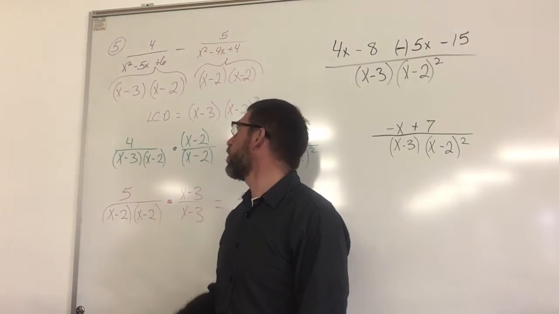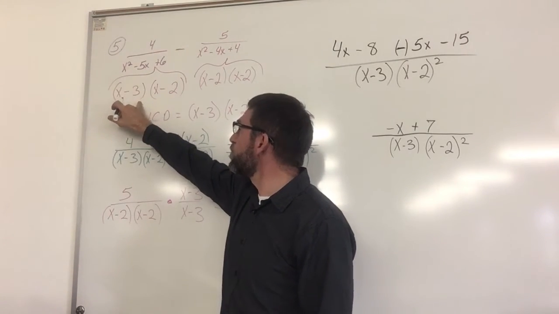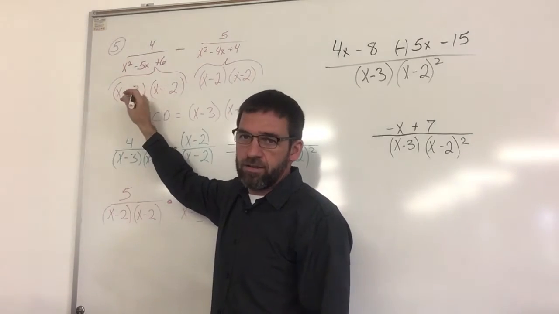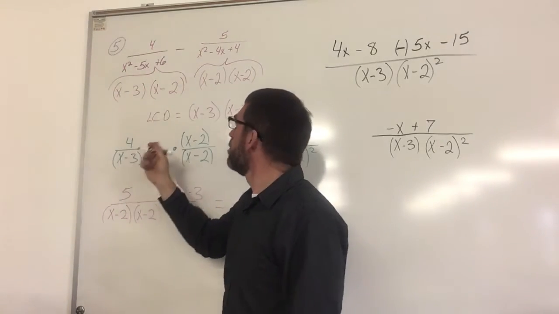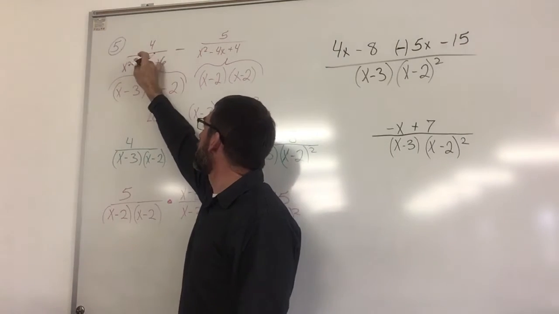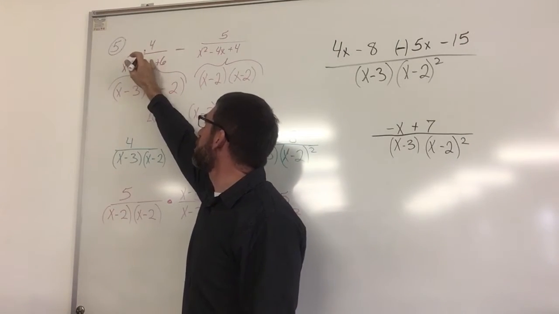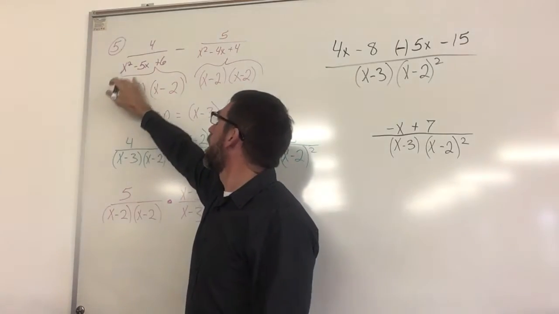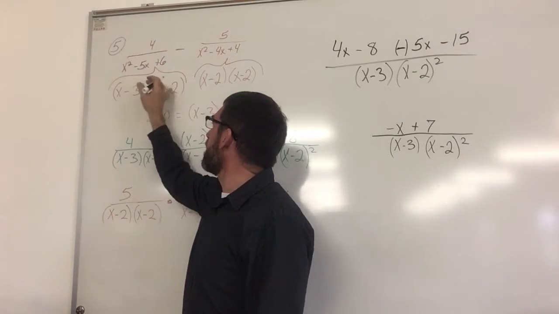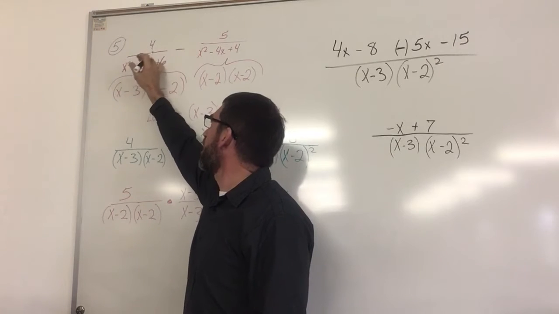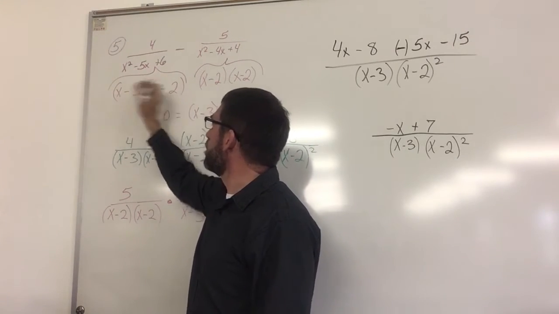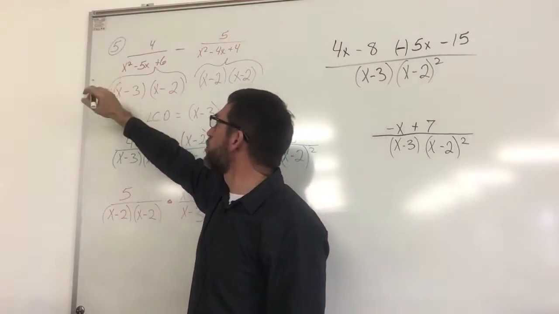You've done trinomials into binomials. You break your x apart, x. You can do this fast, okay? But you have positive 6, so that positive answer means both of these signs will be the same, and your factors needed to add up to negative 5, so 2 and 3 add to negative 5, so I broke it apart.